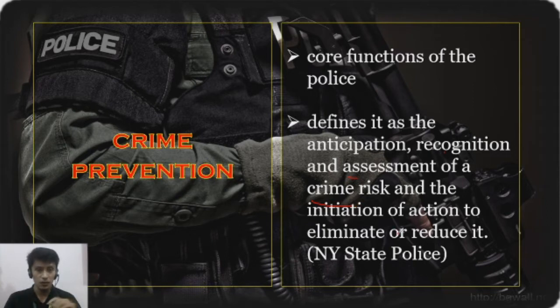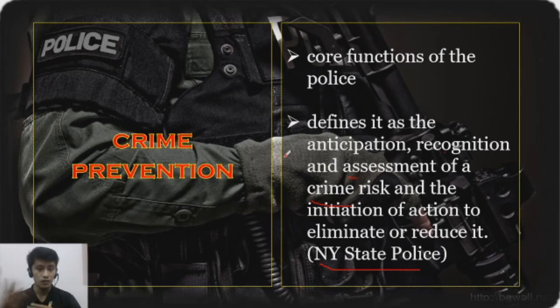This is based on the definition of the New York State Police, which is true. In order for us to prevent a crime, we need to anticipate, recognize, or assess the area. One way to do that is one of the activities of the police: conducting patrol.